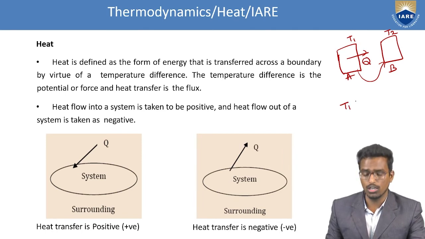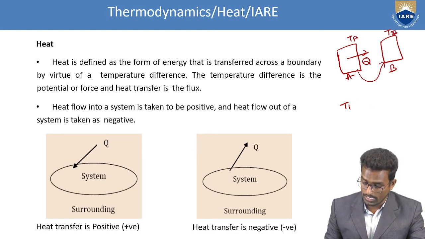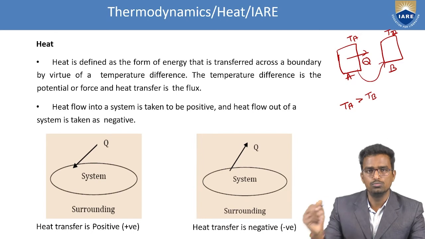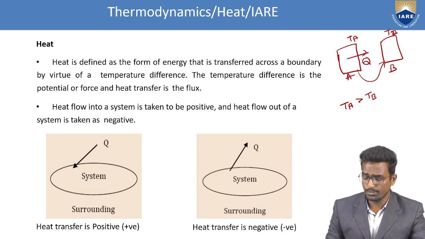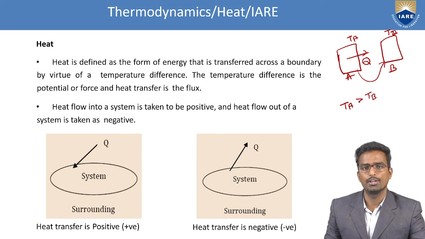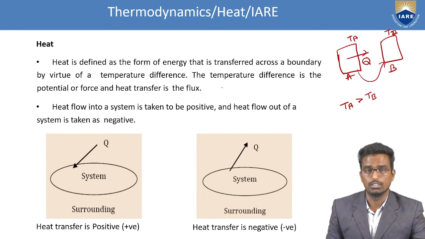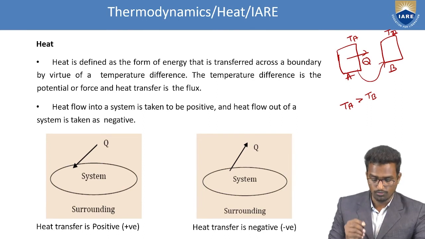So if heat flows from A to B, TA is always greater than TB; only then is heat able to flow from A to B. Otherwise heat won't flow. The temperature at A must be greater than the temperature at B. That is what the definition of temperature and the definition of heat tell us. So there should definitely be some temperature difference, then only is heat able to flow.